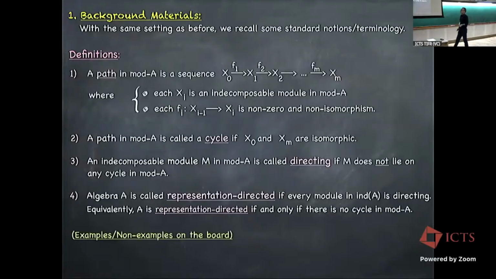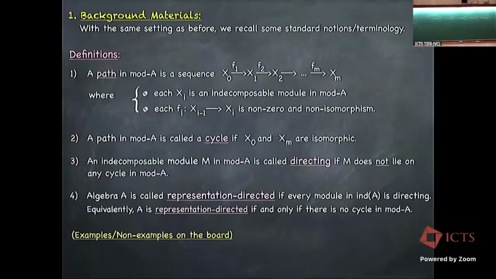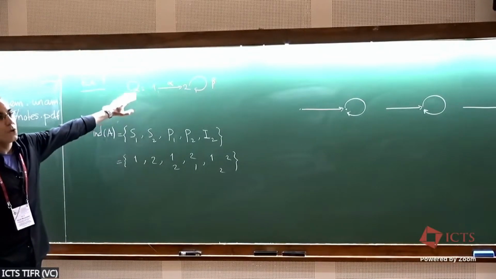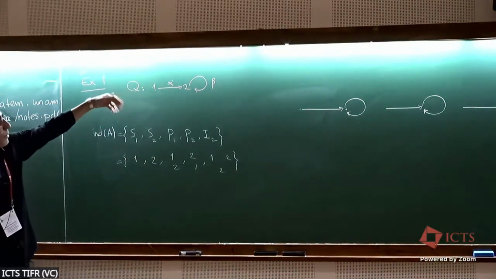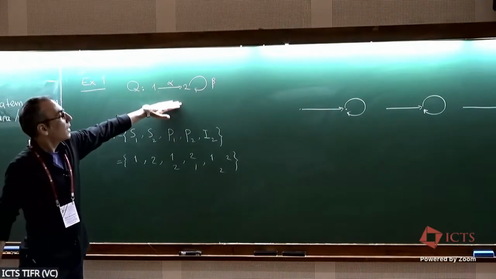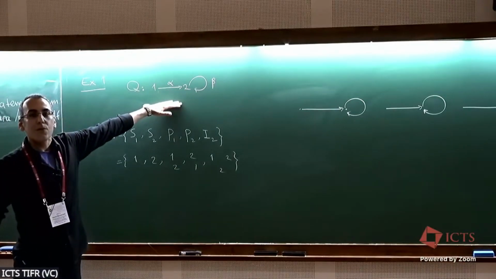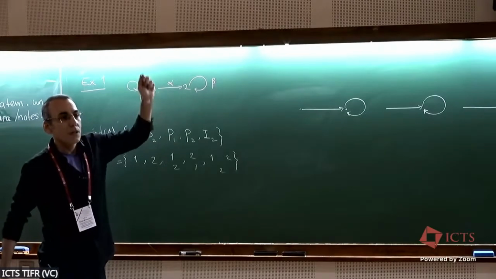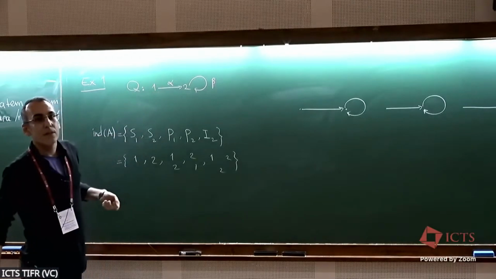Example and non-examples. So I begin with a useful example, which is minimally designed to work during this talk. I said I start from a quiver. I construct a path algebra. For those more confident with path algebras and representation theory, you can immediately see that the path algebra that I construct over this quiver is infinite dimensional, because I have this loop, and hence I have larger and larger circuits, okay?